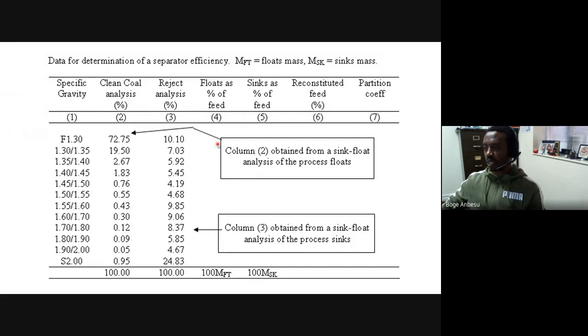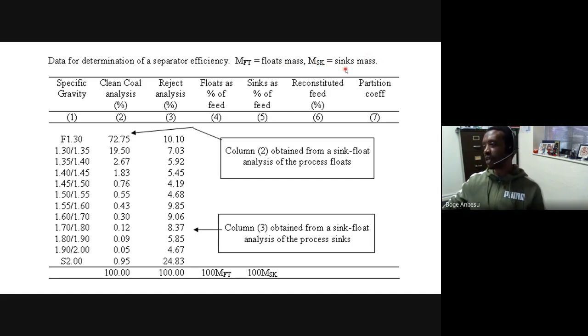We can have a similar split here, where maybe 70% goes to the sink and 30% goes to the float. So that will be your split. Your MFT is the mass of the float, or the split to the float, and the mass of the sink simply represents the split to the sink.